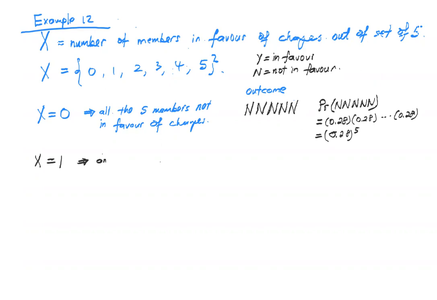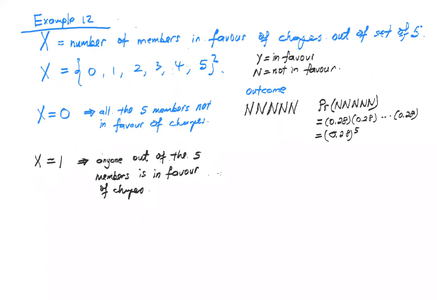It means anyone out of the 5 members is in favor of changes. Right? So what would the outcome be?